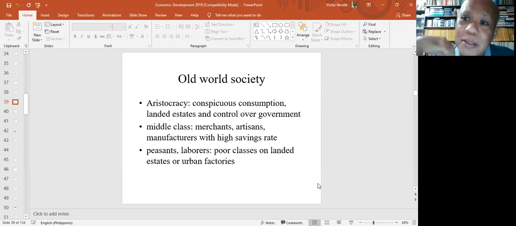By showing off their wealth and power, they're able to project their ability to run government, either be part of the national government or be responsible for the local community. And also, they're able to project their wealth and power. And through this, they're therefore able to form alliances with other aristocrats. They form political alliances with aristocrats in order to strengthen their hold on government.